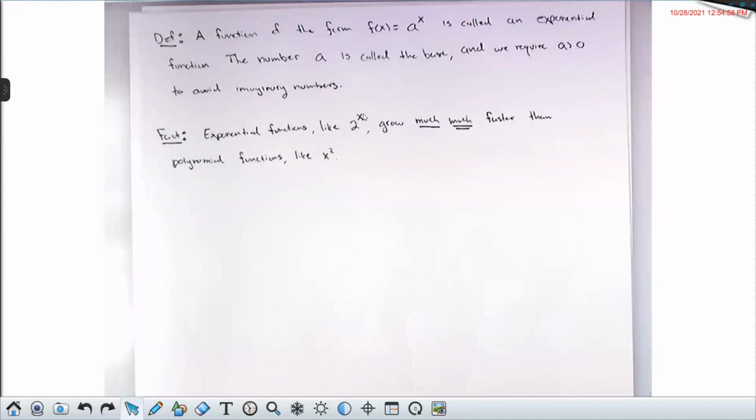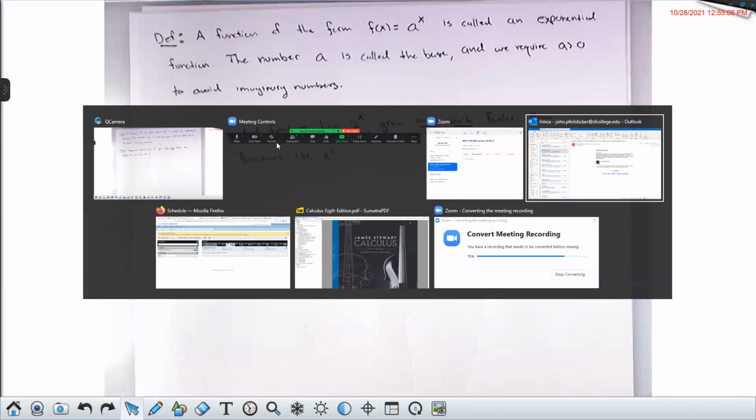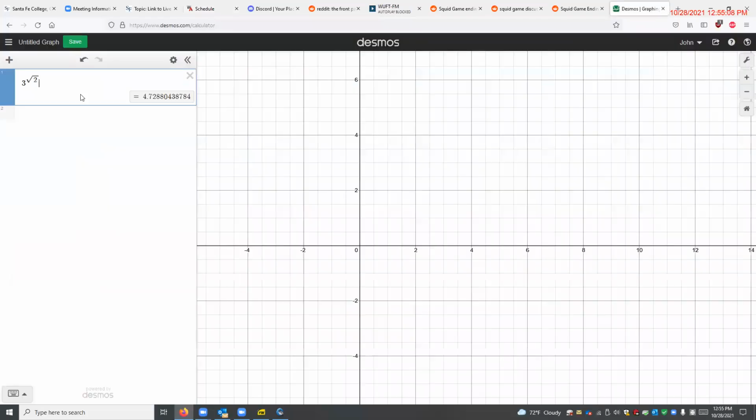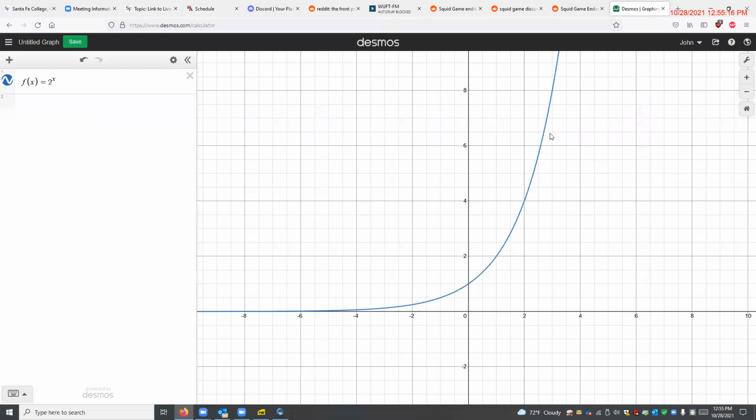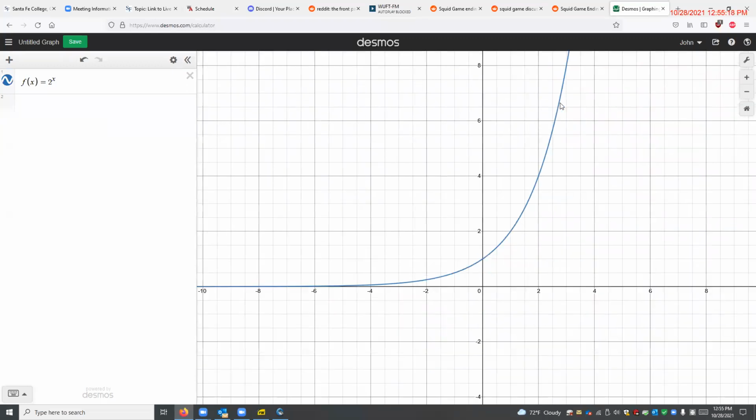So what I mean when I say that, now let me show you the graphs in a larger scale, Desmos, where we can zoom in, zoom out, all that good stuff. And here's 2 to the x, looking very much like we drew it, right? You see over here, it's growing quite quickly.